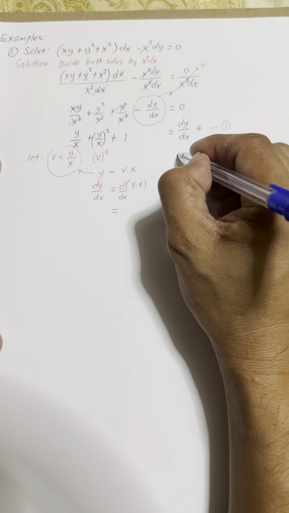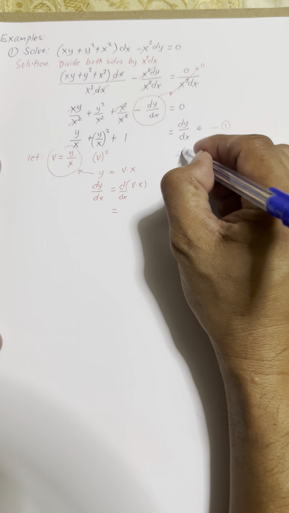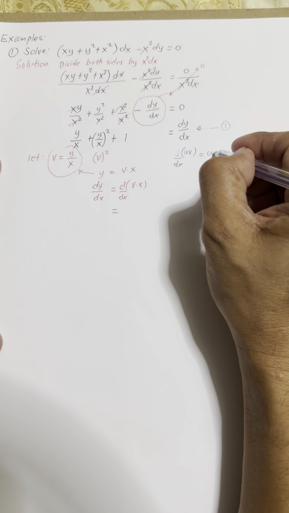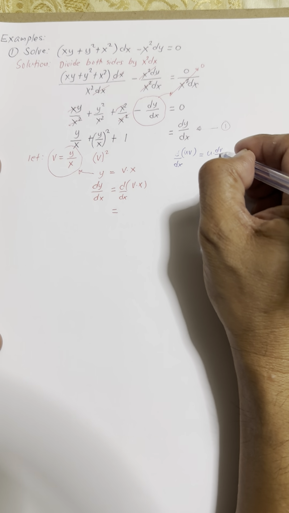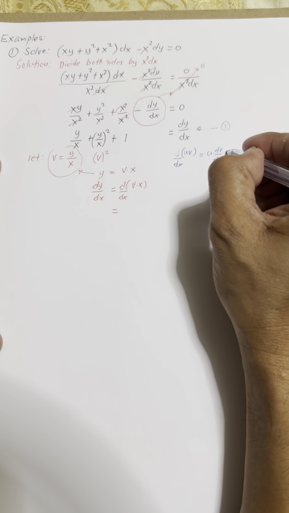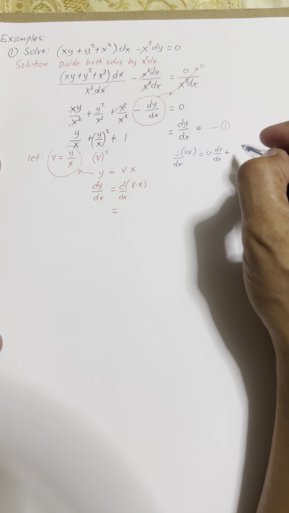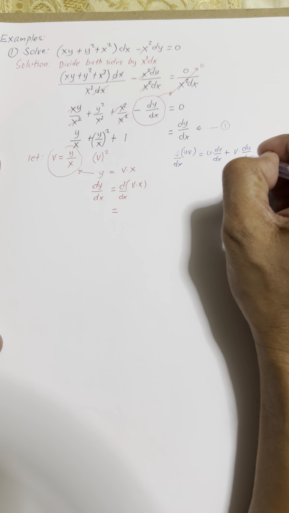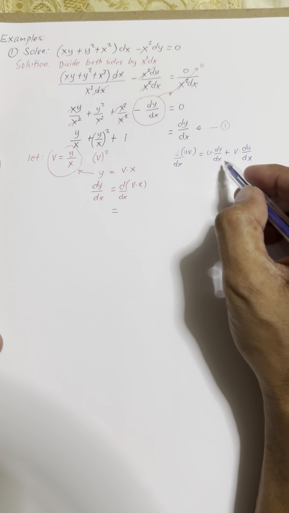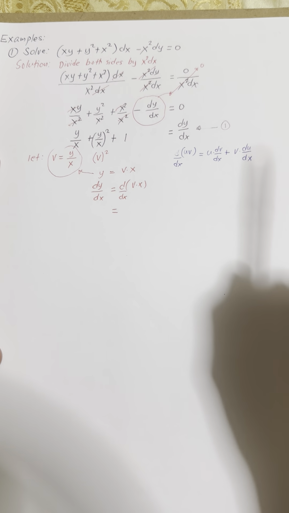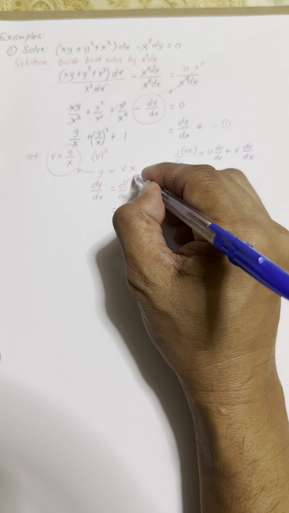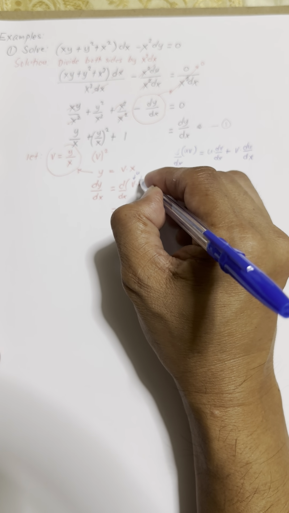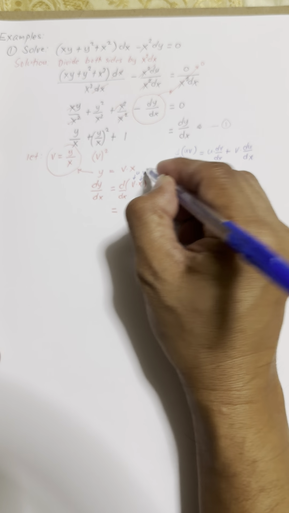We have the derivative of u times v with respect to x is equal to u times the derivative of v with respect to x, plus v times the derivative of u with respect to x. Okay? So using this formula, we can let this factor here be our u, and this one is our v.